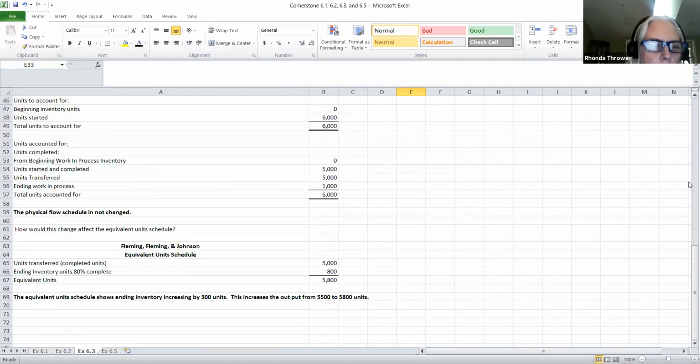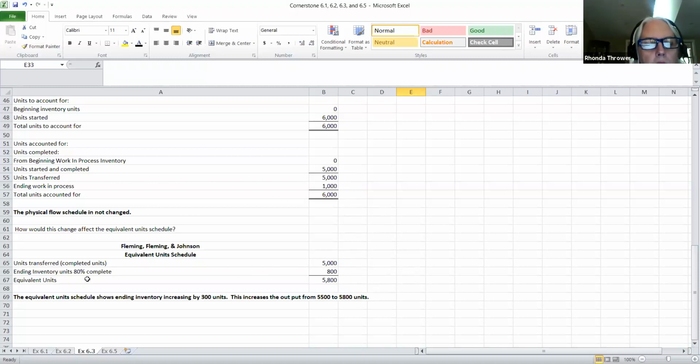I wish they'd used the term transferred and not completed there, but unfortunately they didn't. So there are 5,000 units that were completed, but we did use the word transferred here. So you can see that's the same thing there too. So your units transferred are 5,000. Those are finished units. You're transferring those on into the next department.